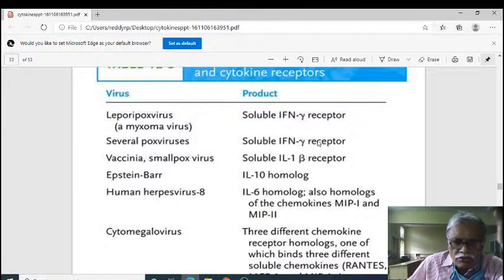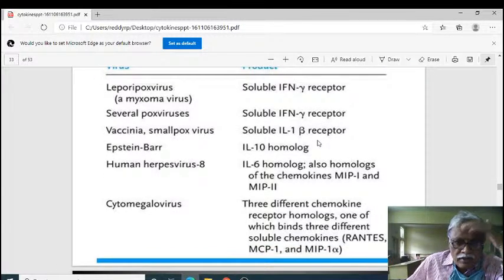Several pox viruses produce interferon gamma receptor homologs, which may help in producing malignancies.